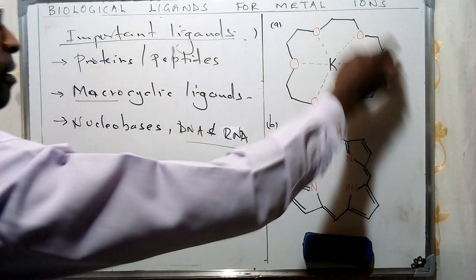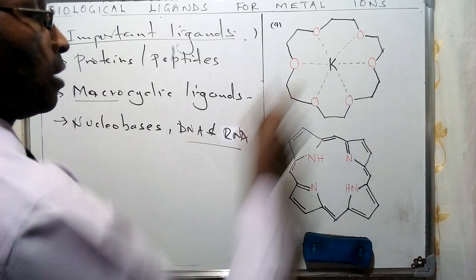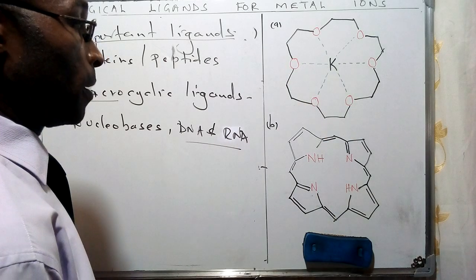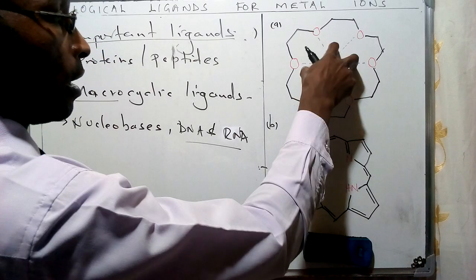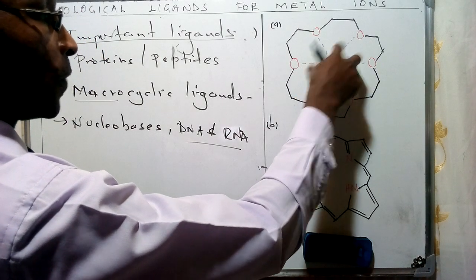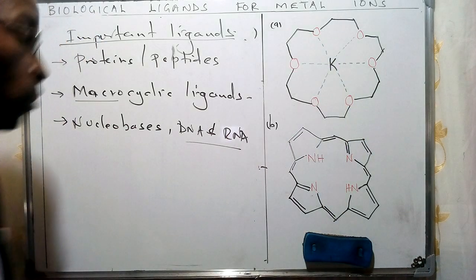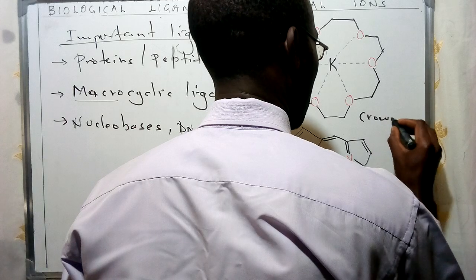Since this is cyclic, it has a coordination center at this point. I've intentionally put this coordination center, potassium, just for illustration purposes. The rest of the structure gives us what we refer to as a macrocyclic ligand, and basically this macrocyclic ligand is given the name of a crown ether.